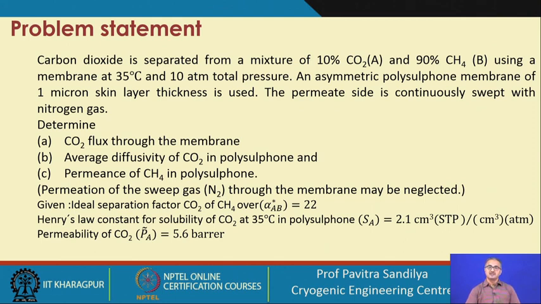So we neglect it. We use this data: the ideal separation factor of carbon dioxide to CH4 is 22, Henry's law constant is given here, and this is the permeability of carbon dioxide.